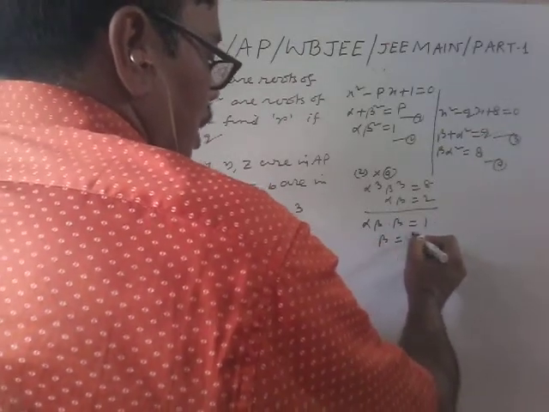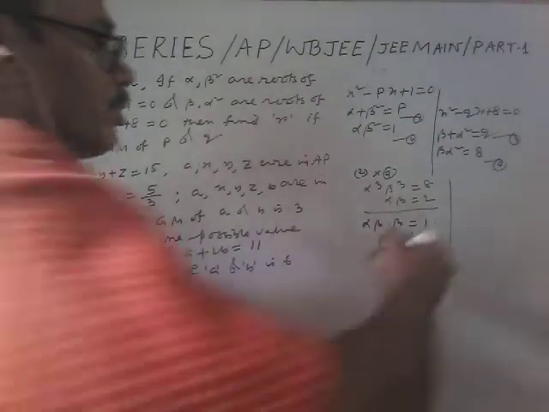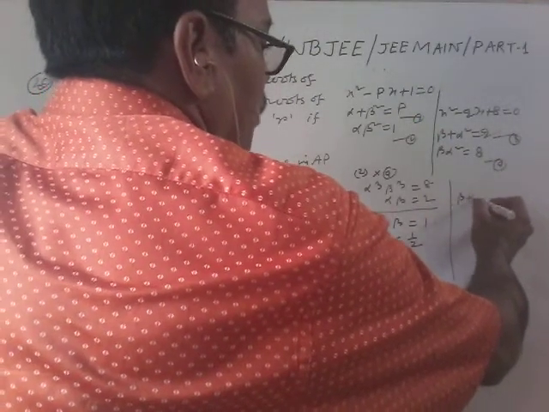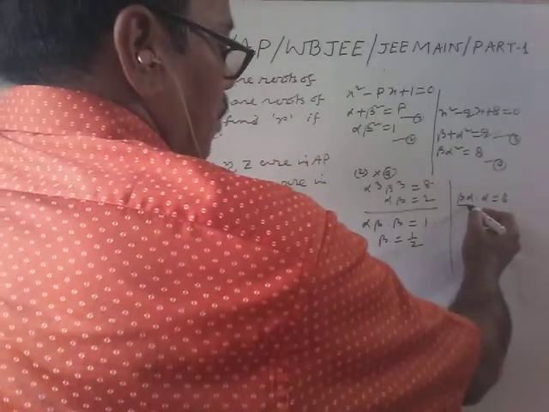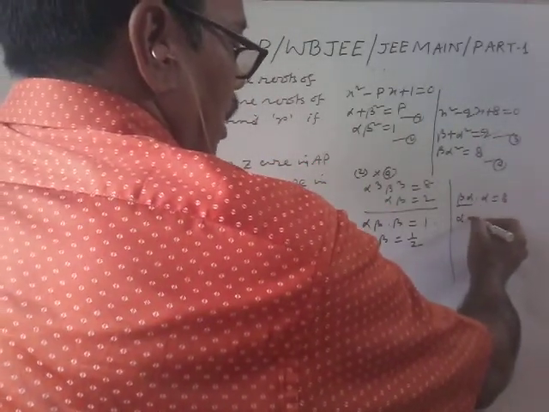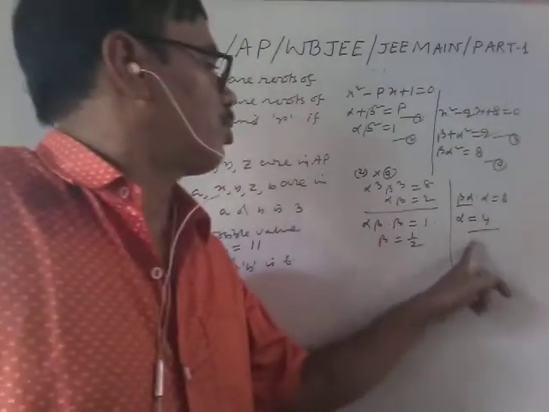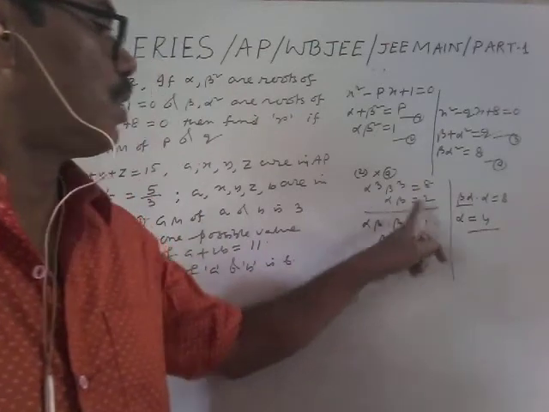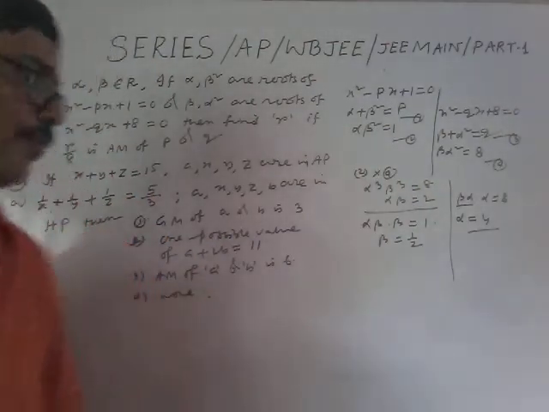So what is beta? Beta is half. Then this one is beta alpha into alpha equals 8. So beta alpha is 2. So what is alpha? Alpha is 4.